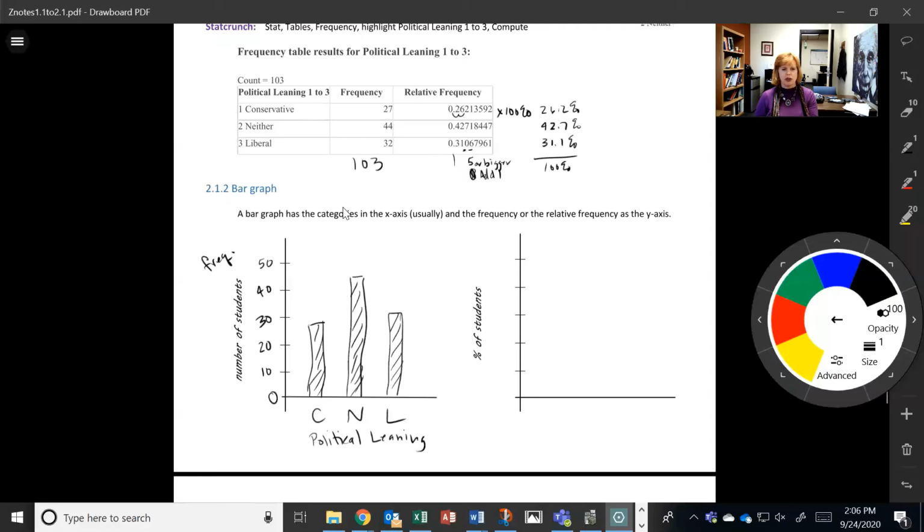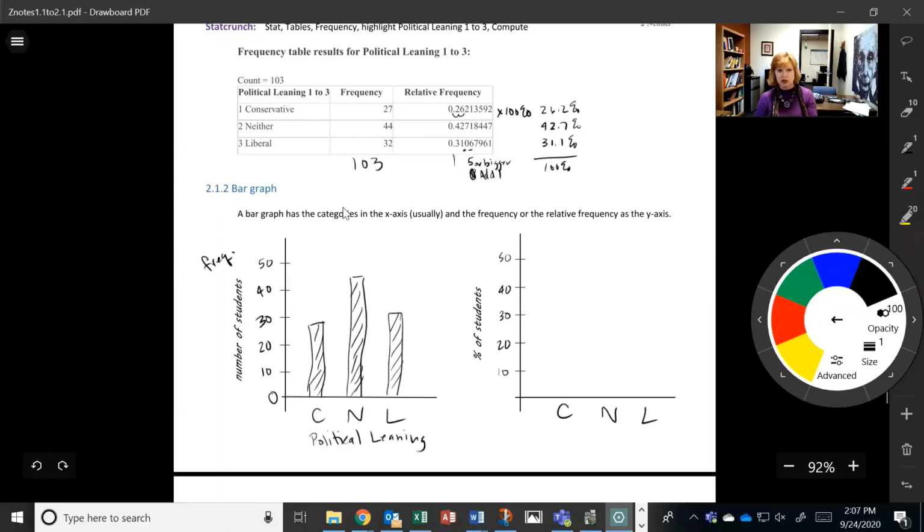We can also do the same graph. I'm going to put my categories here, political leaning, but use percent instead. Now, there's 103 people, so dividing by 103 is similar to dividing by 100. So this is going to be percent. This just happens to be 10, 20. My biggest percent was 43, so we're going to use 40, 50.